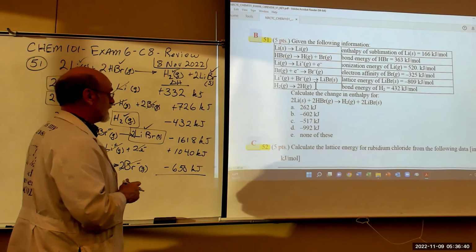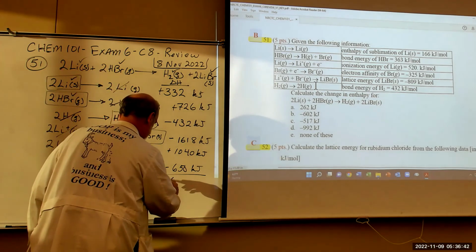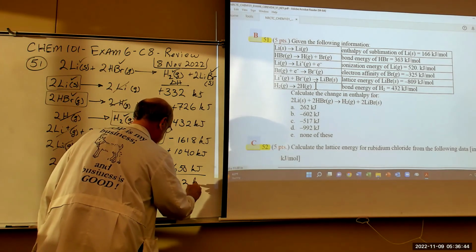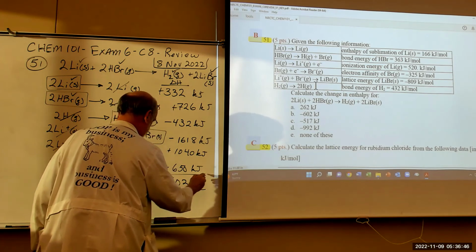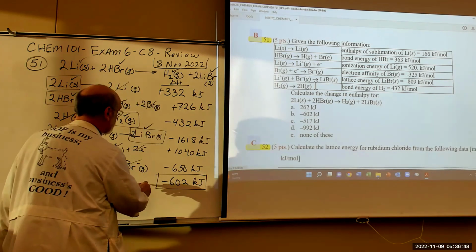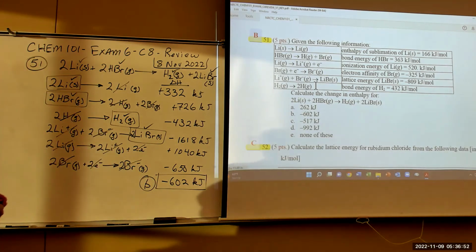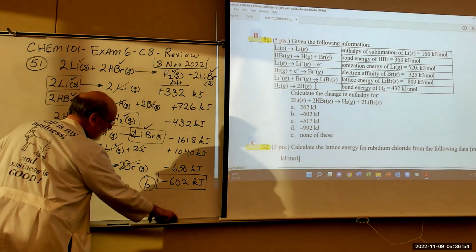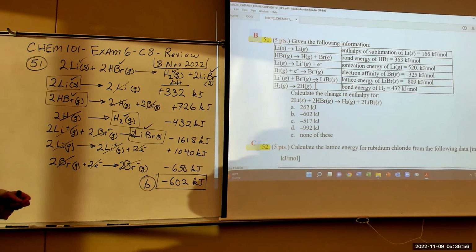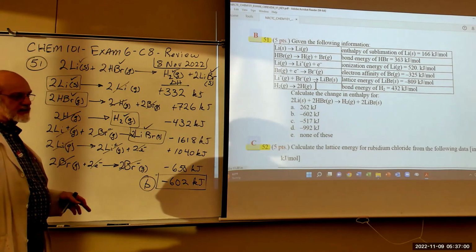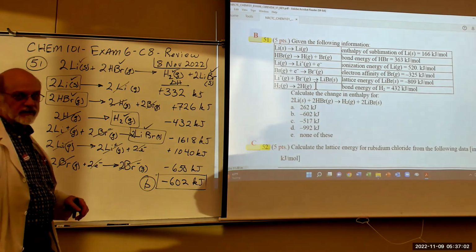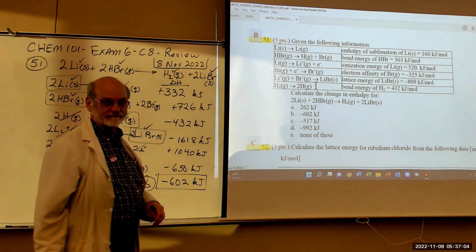We should end up with minus 602 kilojoules, which is B. Okay, that was a lot of work, which is why when you're using Hess's equation, you got to be extremely careful and methodical about it.